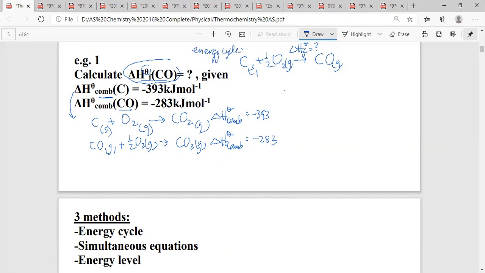So what can I do? Of course, I can start with applying this one. I want to go from carbon to carbon dioxide. If I go here, I must balance the equation. Here is one mole, here is half a mole, so I must put another half oxygen here. That means I neglect some here, I pretend I didn't see some here.